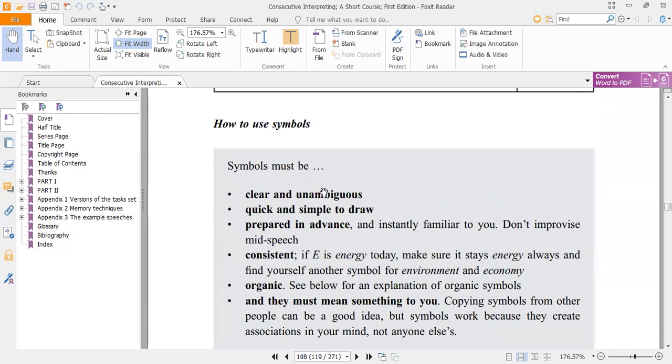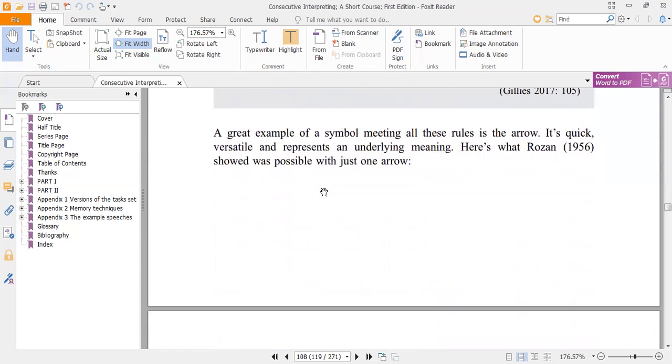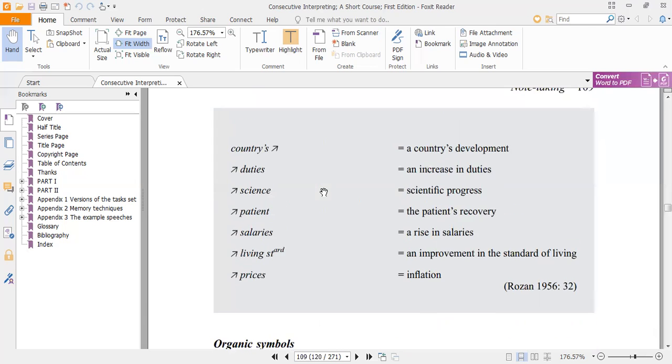Now, look at, for example, countries, and we draw a line, as you see here. This means rising, and rising يعني هو طالع. مدام طالع means development.